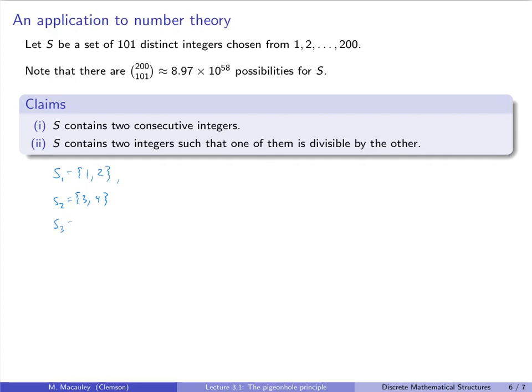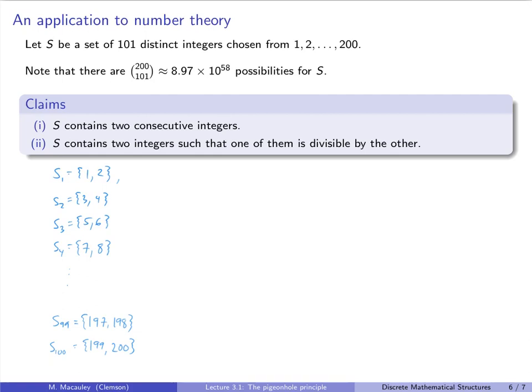Let's say S3 is the set containing 5 and 6. S4 is the set containing 7 and 8, all the way up to S99, which is going to contain 197 and 198, and S100, which is going to contain 199 and 200.